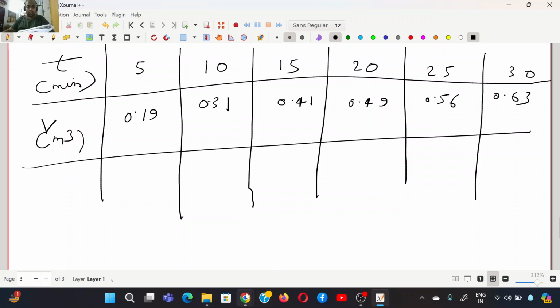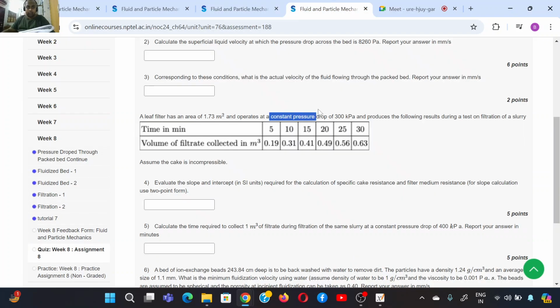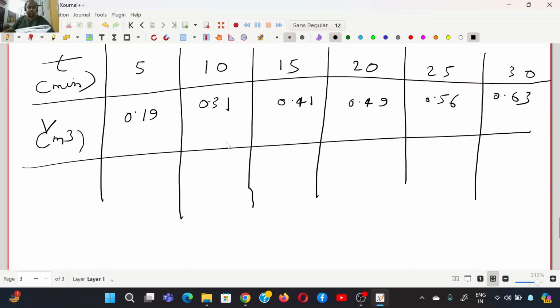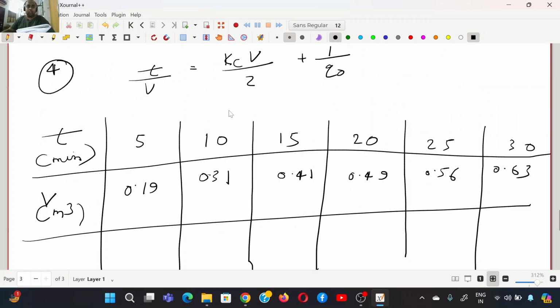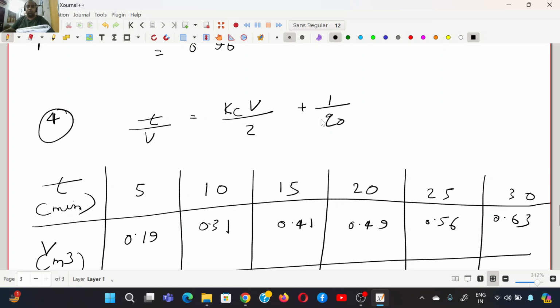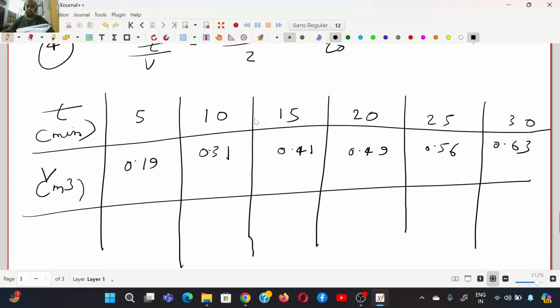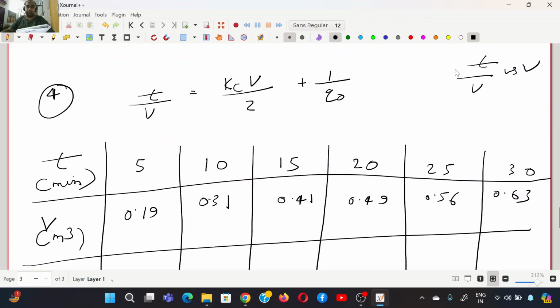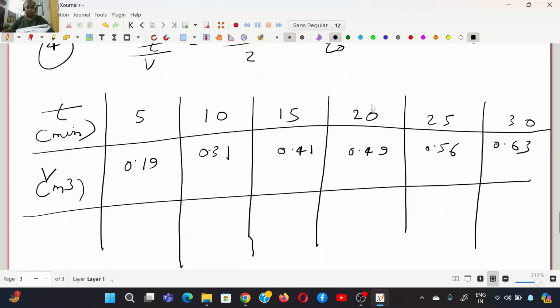In this question, they have asked to evaluate the slope and intercept required for the calculation of specific cake resistance and filter medium resistance. t is given, V is given, and this equation is t by V is equal to Kc V by 2 plus 1 by Q naught. That means you have to plot t by V versus V, in the form y is equal to mx plus c.